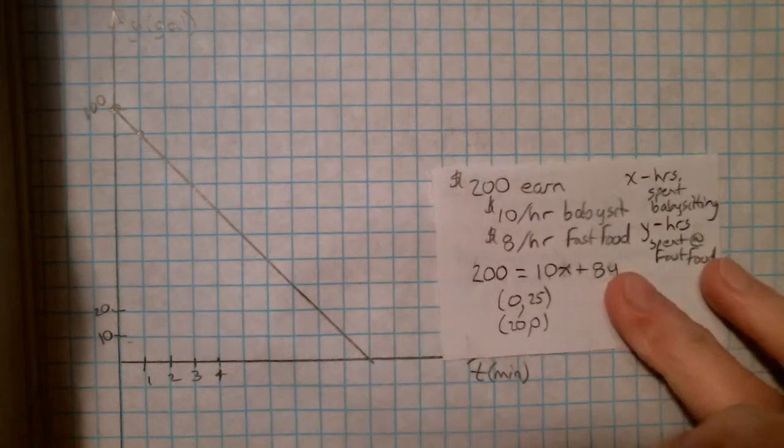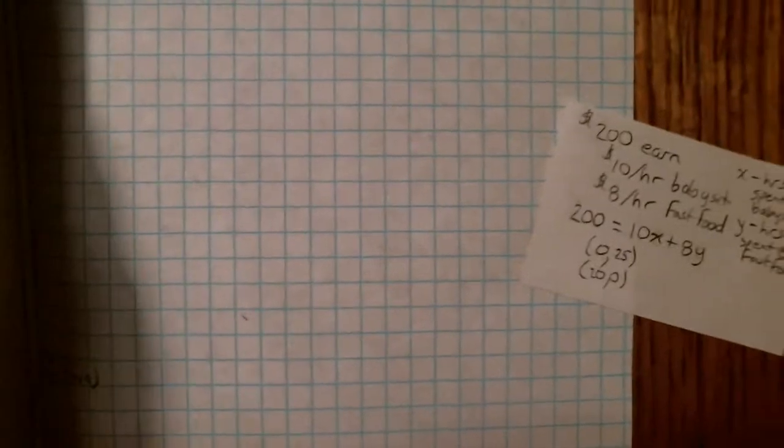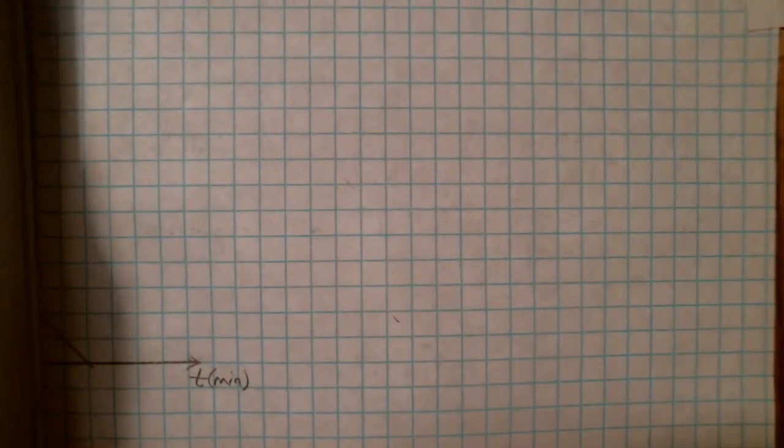Okay, so let's graph this equation. Now, just as in the case before, x and y cannot be negative. We can't have a negative number of hours that we're working at either location. All right, so use my ruler to get a nice straight line for my axis.